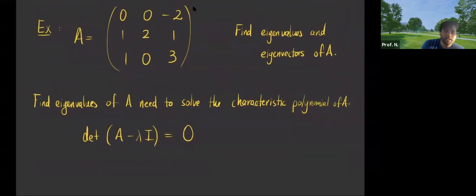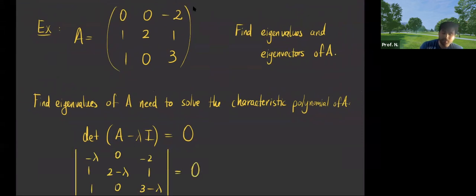What is that going to look like, though? That's going to look like negative lambda, 2 minus lambda, 3 minus lambda, 0, 1, negative 2, 0, 1, 1. The determinant of this has to be 0.